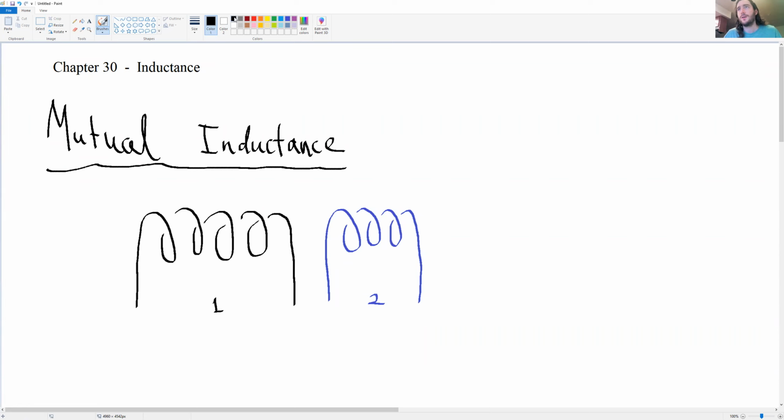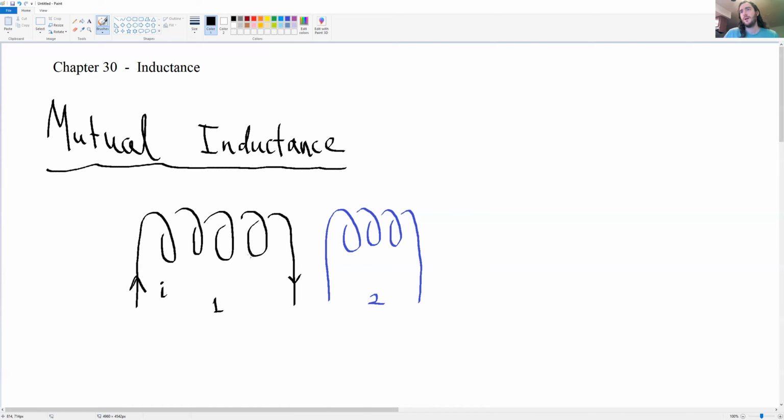When I run current through coil 1, I'll use the lowercase i notation since the book is using that. Suppose the current is off and then we turn the current on, so the current is increasing.